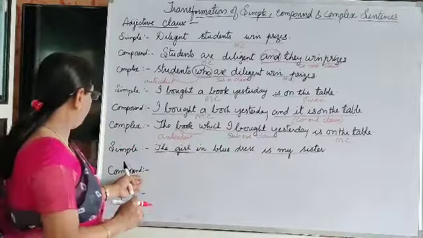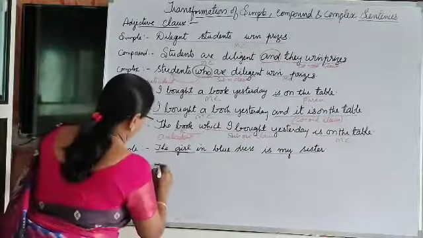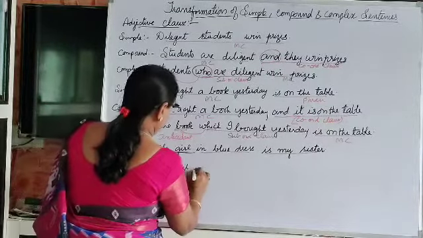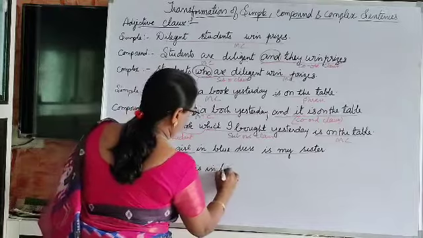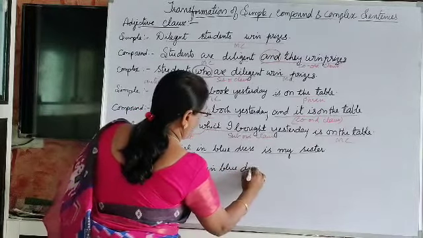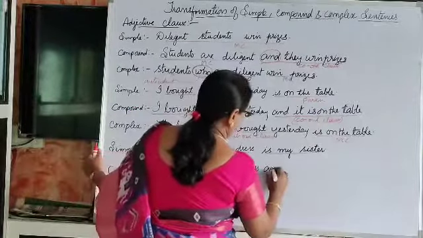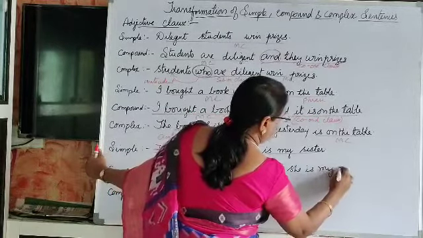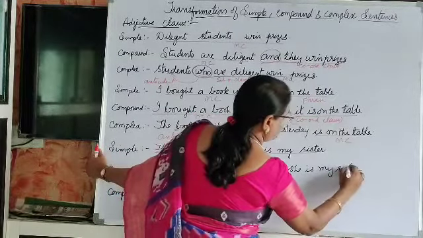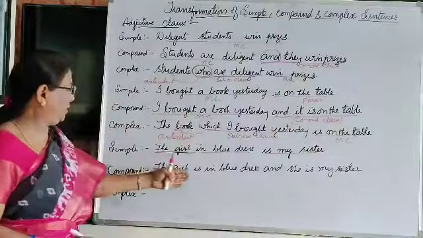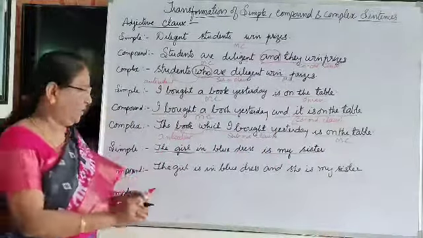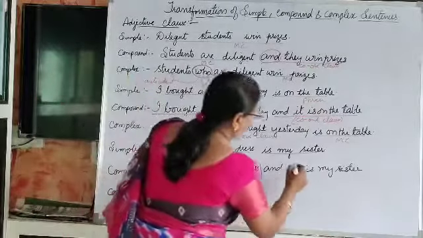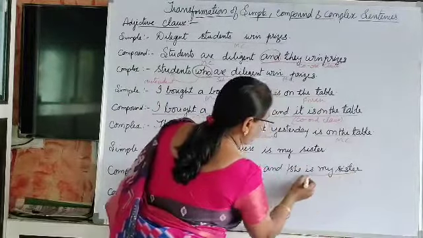So, how do we change this into compound? The girl is in blue dress and she is my sister. The girl is in blue dress has its own meaning. She is my sister also has its own meaning.